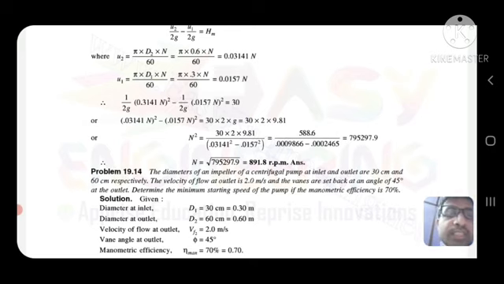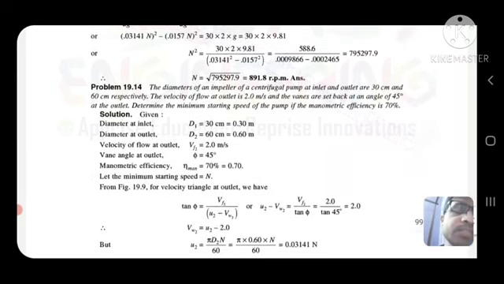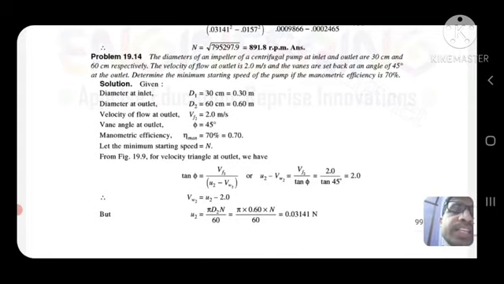N square equals 30 into 2 into 9.81 divided by 0.03141 square minus 0.0157 square, that is 588.6 divided by 0.0009866 minus 0.0002465, which is 79527.6. N is equal to root over 79527.6, so 891.8 rpm.